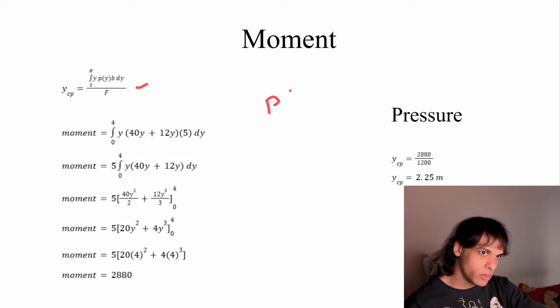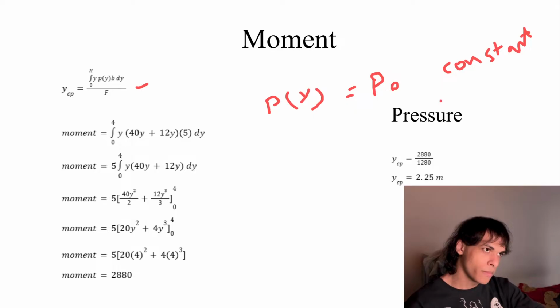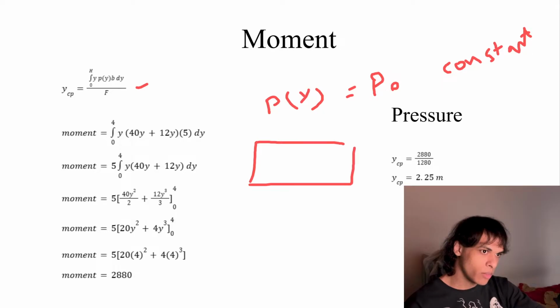So P of y here is equal to P naught for this specific reason, since this is constant pressure. Okay, it's constant, and so since it's constant pressure, the pressure is going to be distributed evenly across the billboard, right?